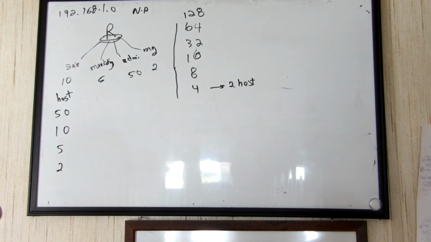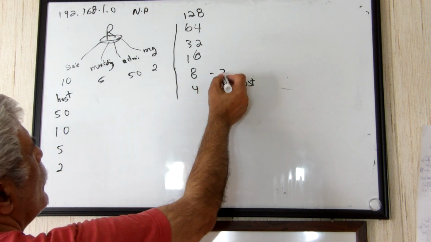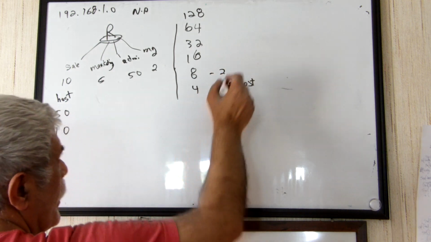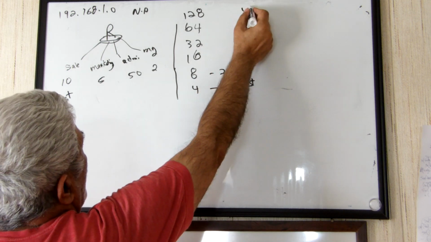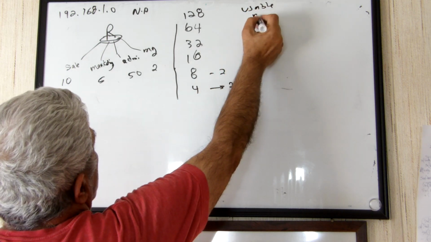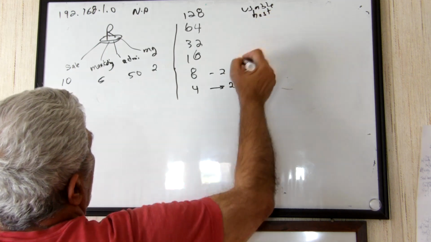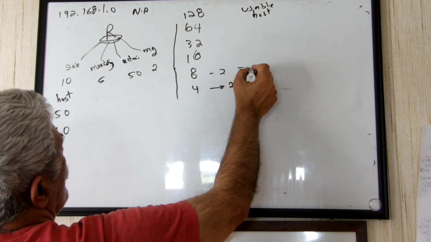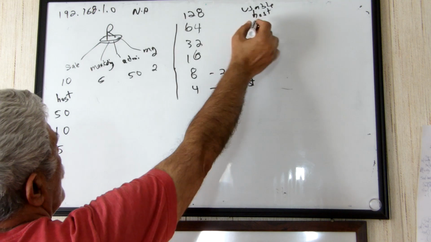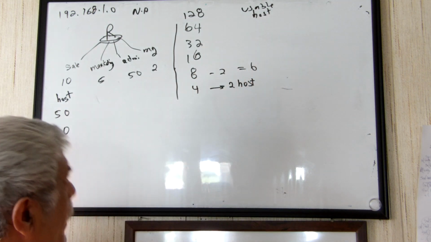So all of these are minus 2 to get the usable hosts.